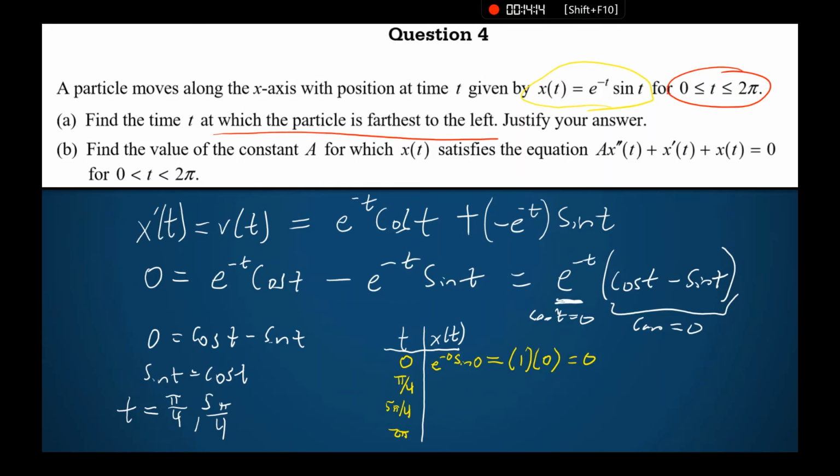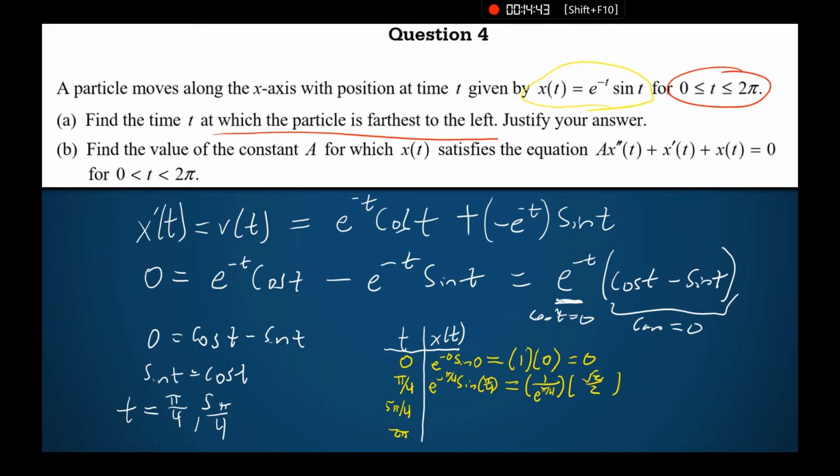Okay, then I've got e to the negative pi fourths times the sine at pi fourths. What is the sine at pi fourths? Root 2 over 2. So this is going to be 1 over e to the pi fourths times root 2 over 2, which I'm going to leave like that for now.